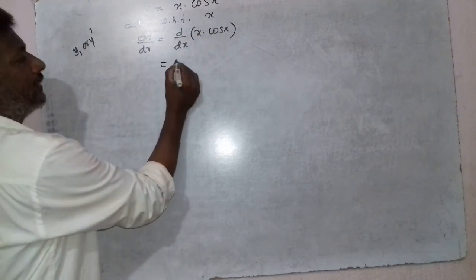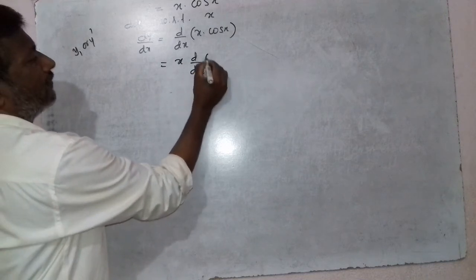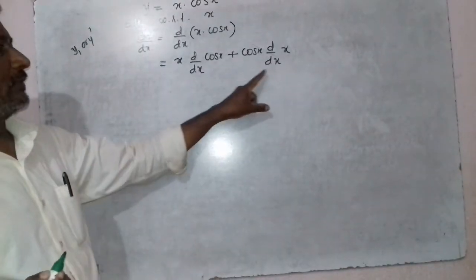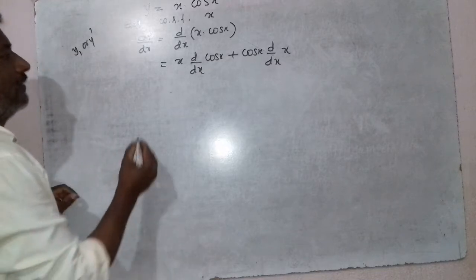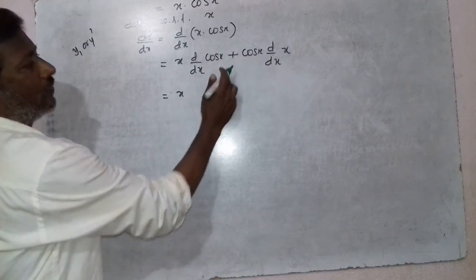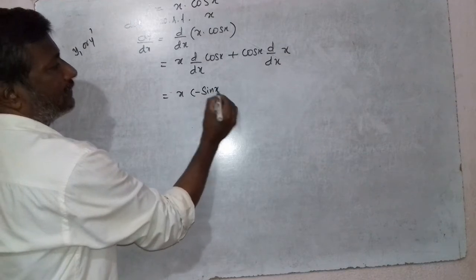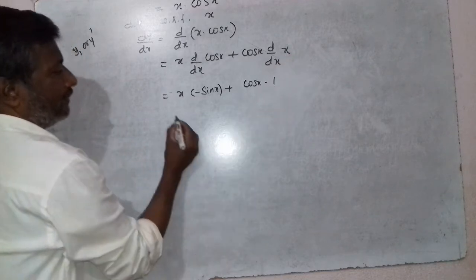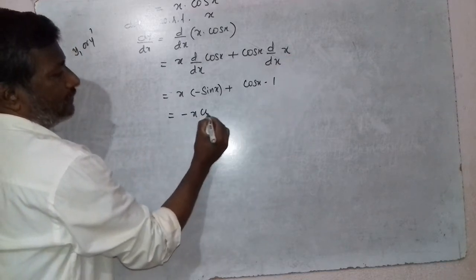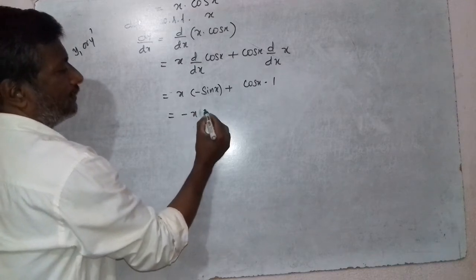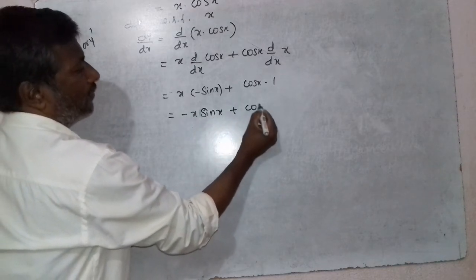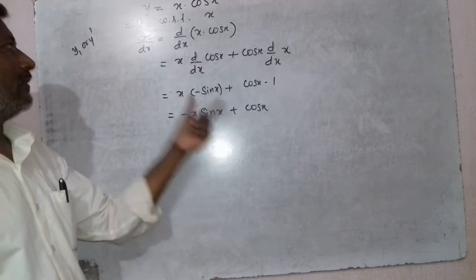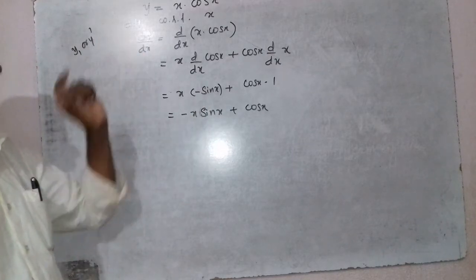So this step is necessary. x d by dx of cos x plus cos x d by dx of x, this equals x times the derivative of cos, which is minus sin x, plus cos x times the derivative of x, which is 1. Therefore minus x sin x plus cos x. So this one is dy by dx or y1 or y dash.